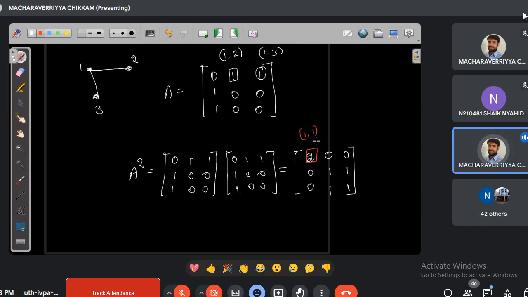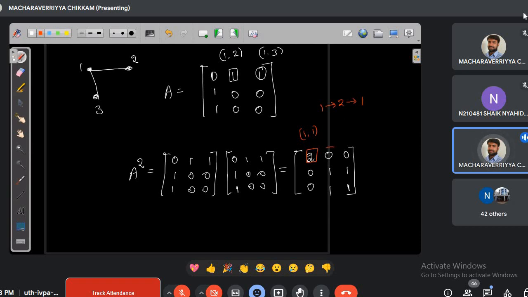So what it says is there is a path of length 2 from 1 to 1. What is that path? You can go from 1 to 2 and then come back from 2 to 1. So that is nothing but 1 to 2 and then 2 to 1. So this is a path of length 2.